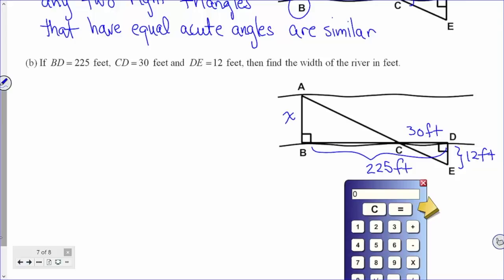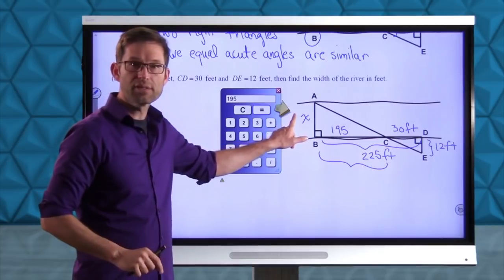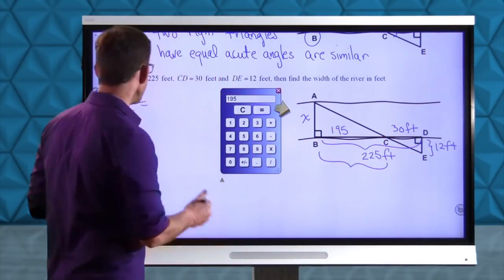I'll call it X. Now, one thing that we need is this length, and that's easy enough, because we can just do 225 minus the 30, and this length then is 195 feet. And then we can set up the following ratio. We could say X divided by 195, this divided by this would have to be the 12 divided by the 30.